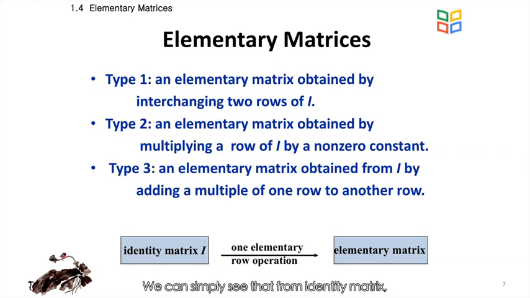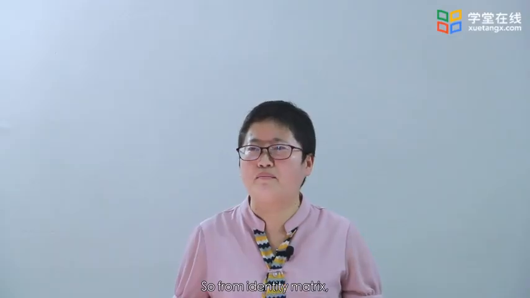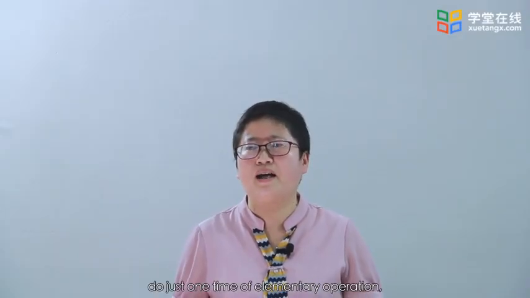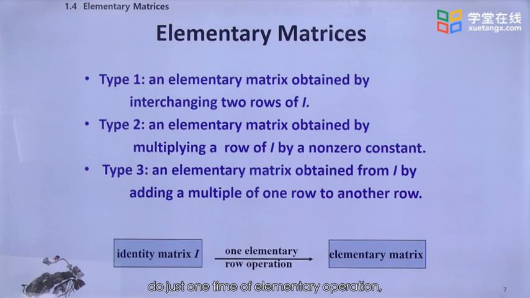We can simply say that from the identity matrix, if we do only one elementary row operation, we will obtain an elementary matrix.